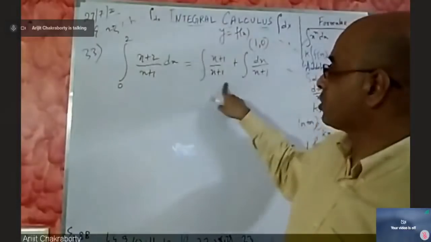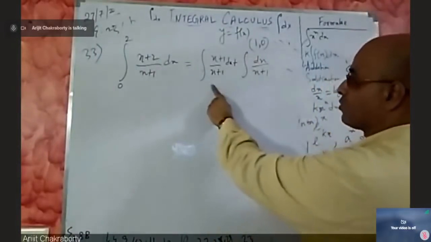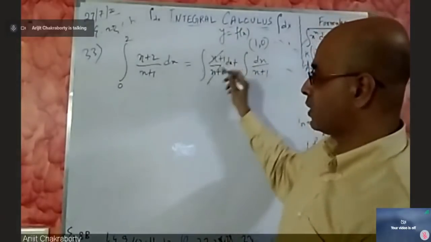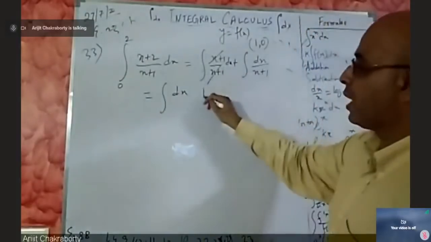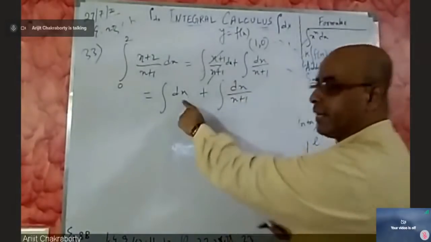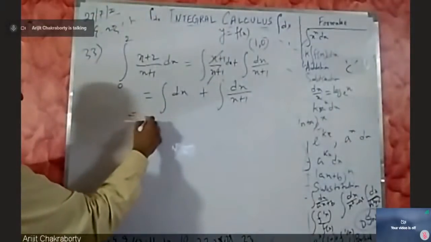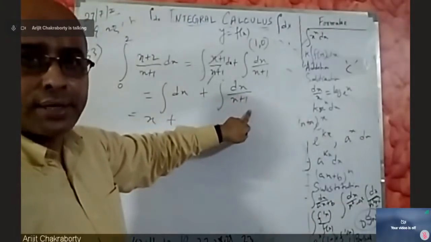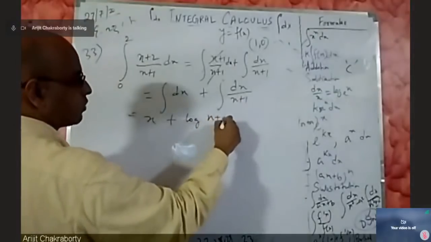So this breaks down into x plus 1 dx by x plus 1 plus dx by x plus 1. So x plus 1 cancels, so I am getting only dx, plus dx by x plus 1. Integration of only dx is x, plus integration of dx by x plus 1 means log x plus 1.